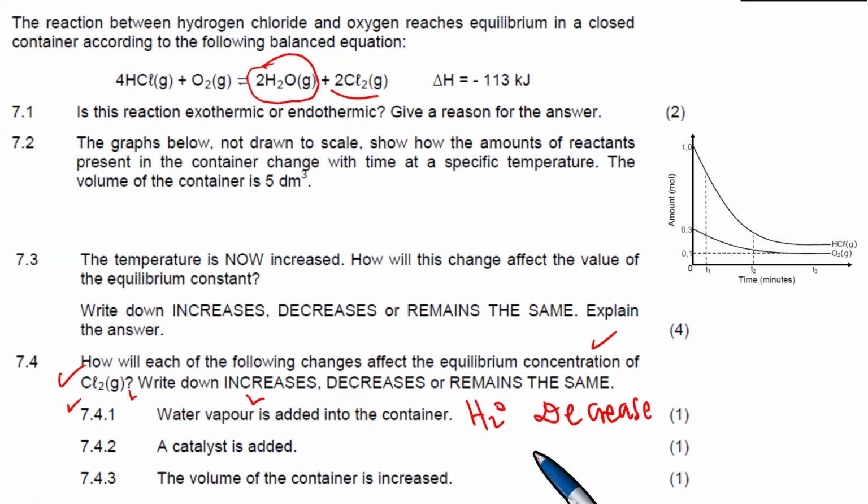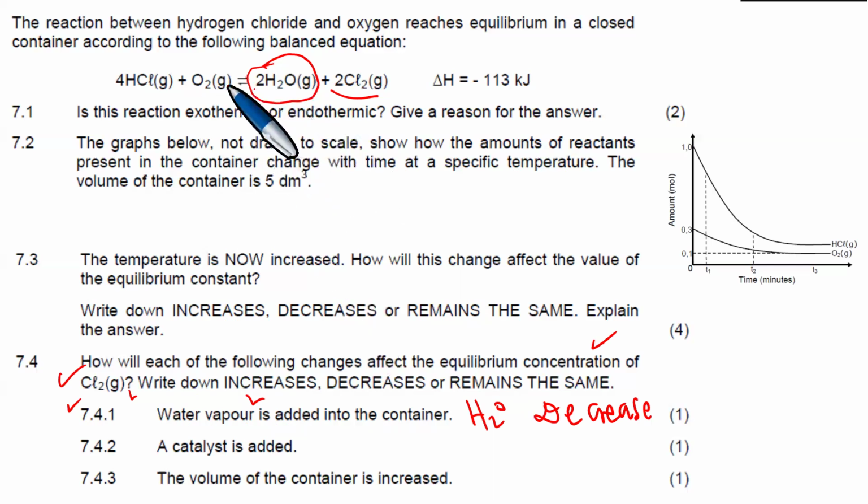Adding water vapor into the container means, according to Le Chatelier's principle, the reaction that will oppose the change will be favored. So the reaction that is going to decrease it is going to be favored. In other words, the reverse reaction will tend to be favored.